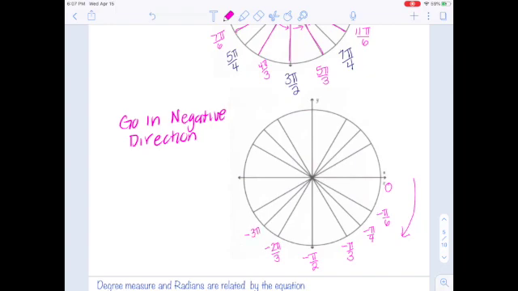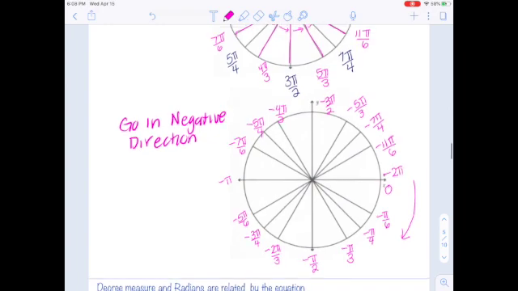Negative 2 pi over 3, negative 3 pi over 4, negative 5 pi over 6, negative pi, negative 7 pi over 6, negative 5 pi over 4, negative 4 pi over 3, negative 3 pi over 2, keep on plugging along, negative 5 pi over 3, almost there, negative 7 pi over 4, and negative 11 pi over 6. And end, negative 2 pi.